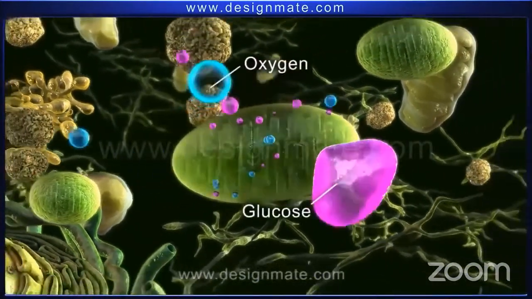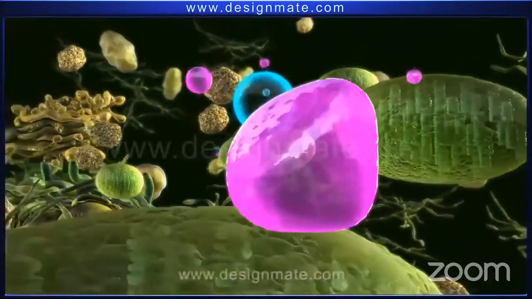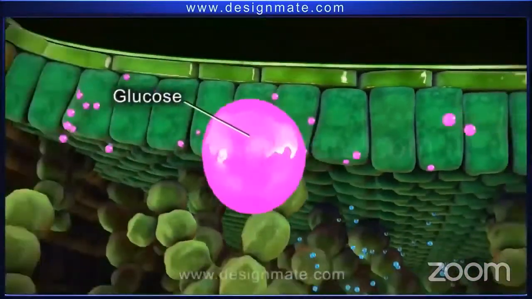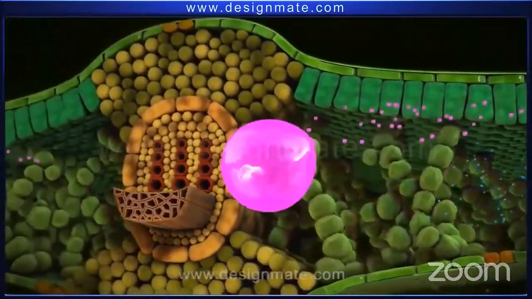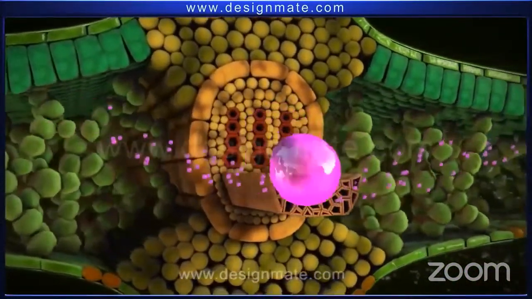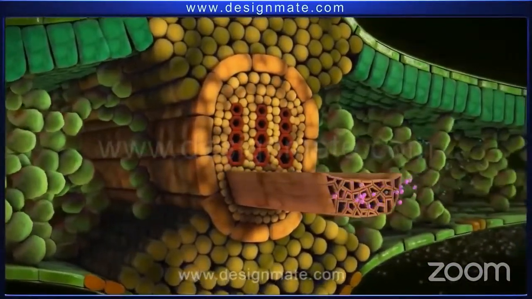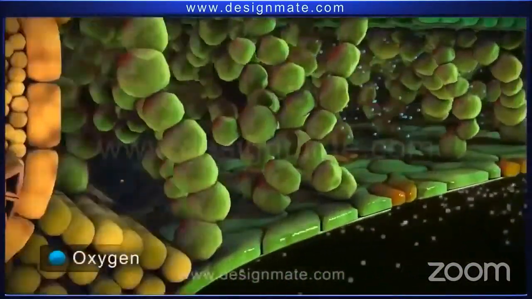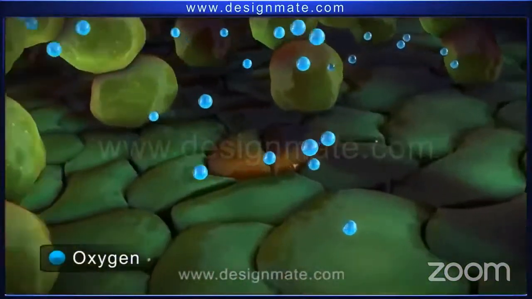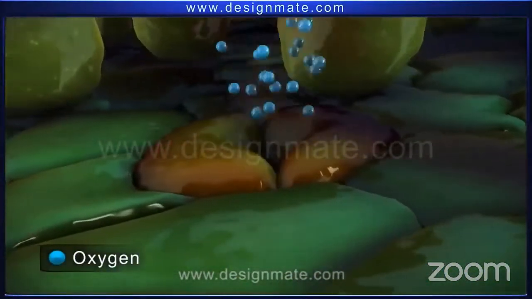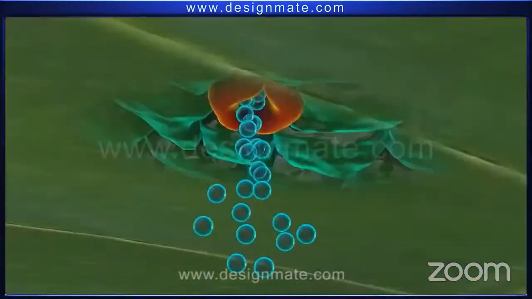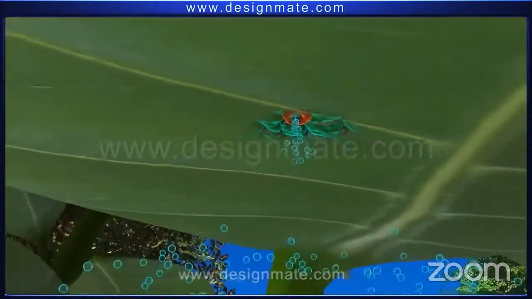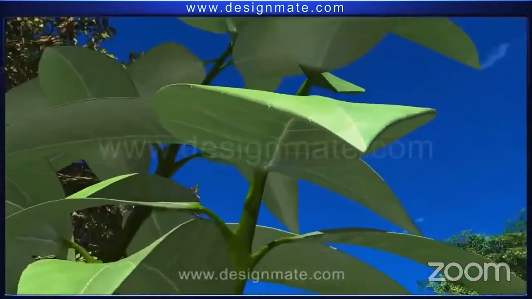See, glucose and oxygen are produced in plants. The glucose produced in chloroplasts is transported through the phloem tissue. Phloem tubes you can see there. Excess oxygen molecules can diffuse out into the atmosphere through stomata. See the oxygen molecules entering into the atmosphere.